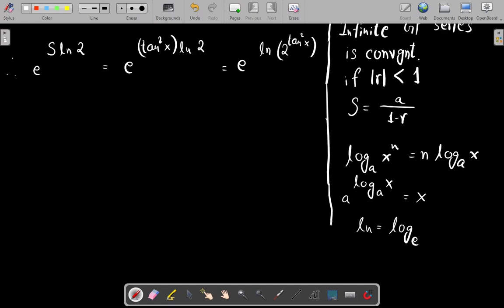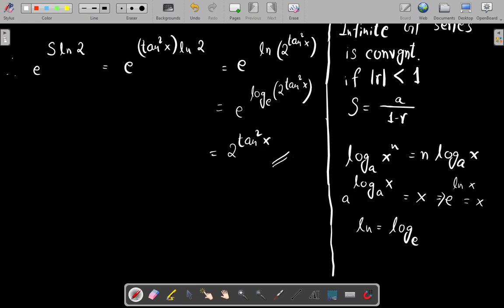So for this formula, if the base is e instead of a, this becomes e raised to the power ln x. ln x means log base e, and this will give us x again. So here this means e raised to the power log of 2 to the power tan square x, so this will give us 2 to the power tan square x. So we are given this 2 to the power tan square x.